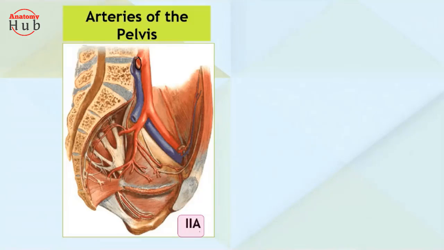Right common iliac artery. So if you draw it like this, it will become, no. So here you can see this is your abdominal aorta, okay. But here you can see this one is your left common iliac artery, okay. So at the level of L5 region, the abdominal aorta divides into two branches, right?